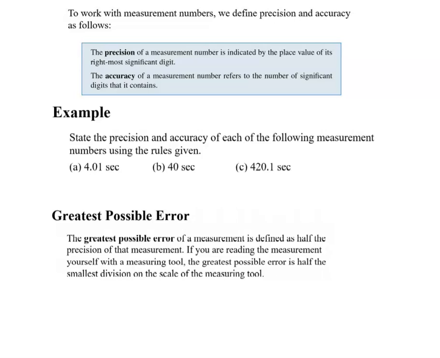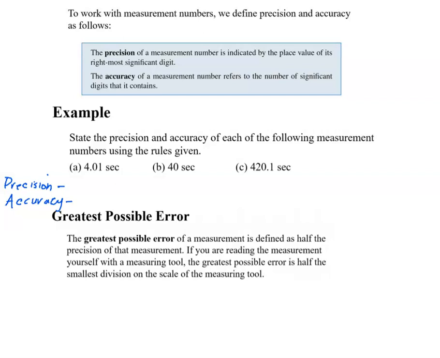Okay, so 4.01. I'm going to make a table here. Let's talk about the precision, and we're going to talk about the accuracy of each one of these. Well, the 1 is in the hundredths place. Precision, it says, is indicated by the place value of its rightmost significant digit.